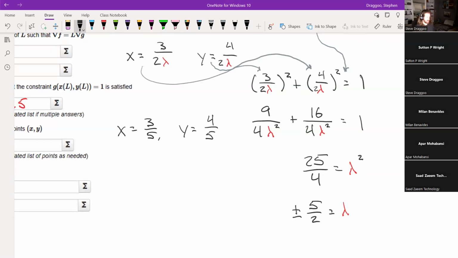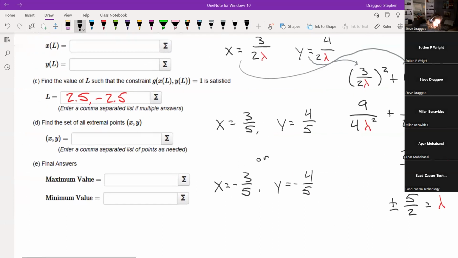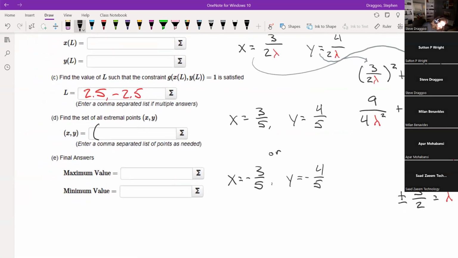So x is 3/5 and y is 4/5, or x is negative 3/5 and y is negative 4/5. So those are my 2 points, and now I just need to plug them both in. Let's call these 0.6, 0.8, and negative 0.6, negative 0.8, just because those decimals come out pretty nice.